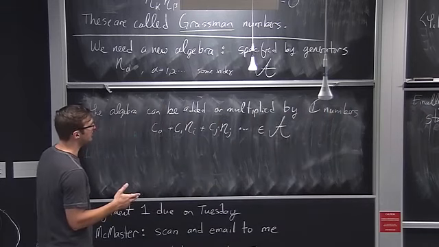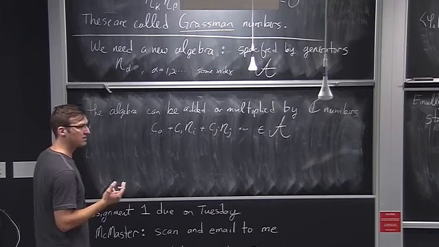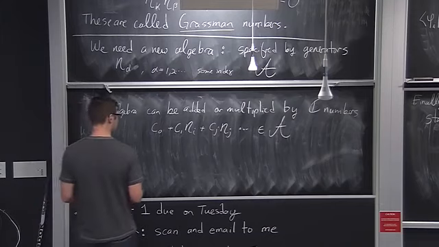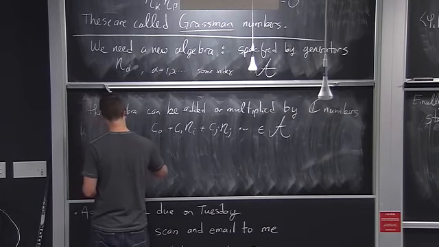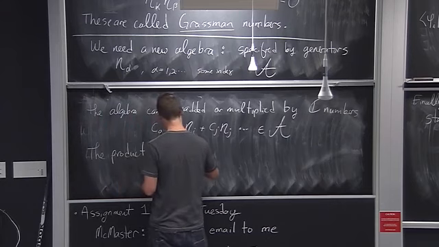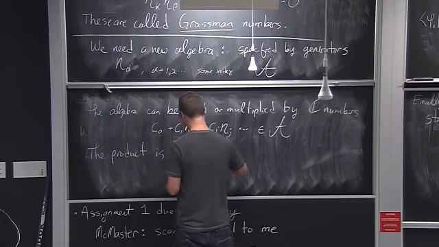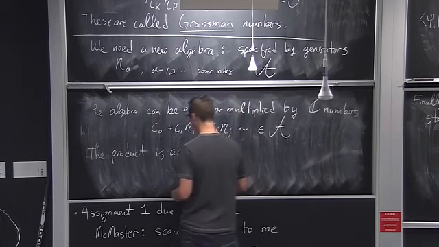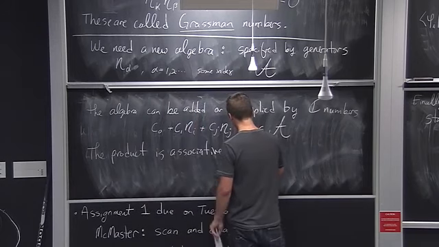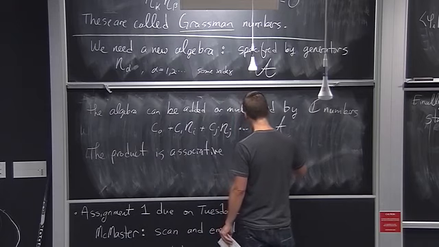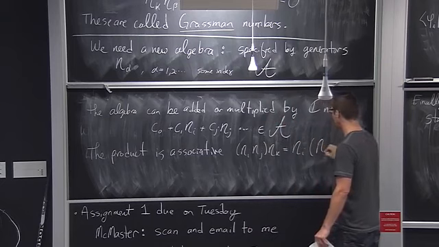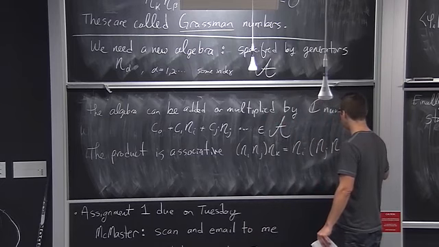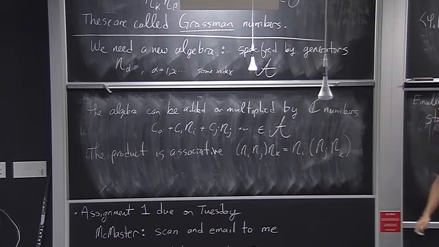Besides this anti-commutation nonsense, the product is associative, which means it doesn't matter what order you multiply the Grassmann numbers in.